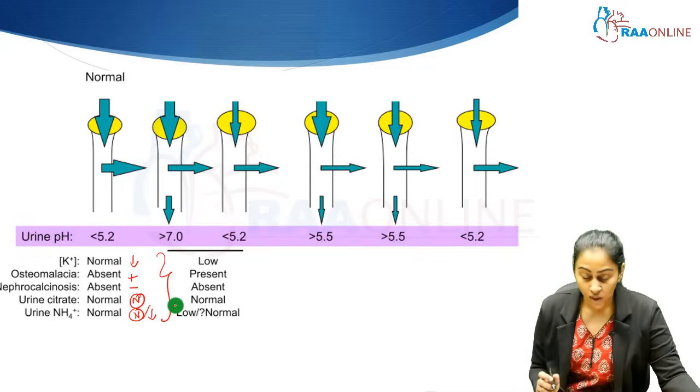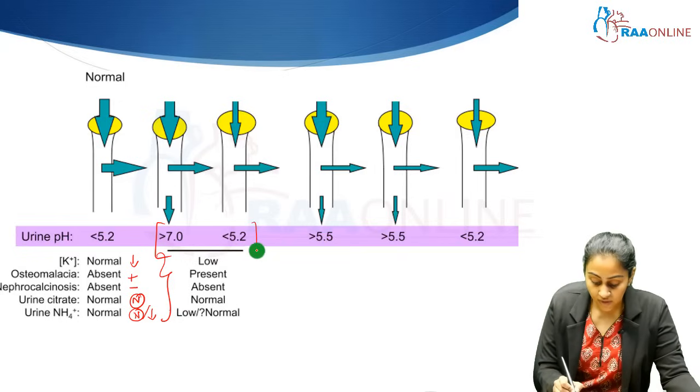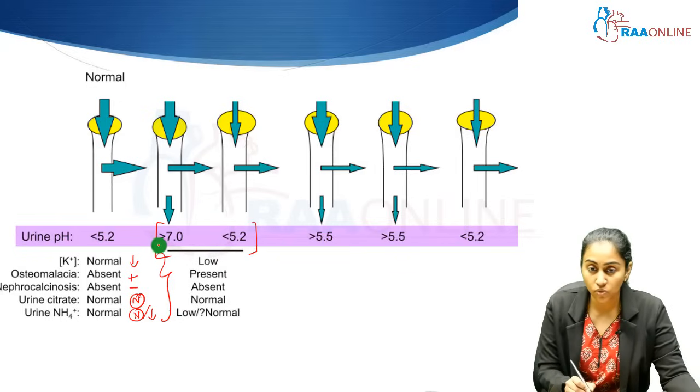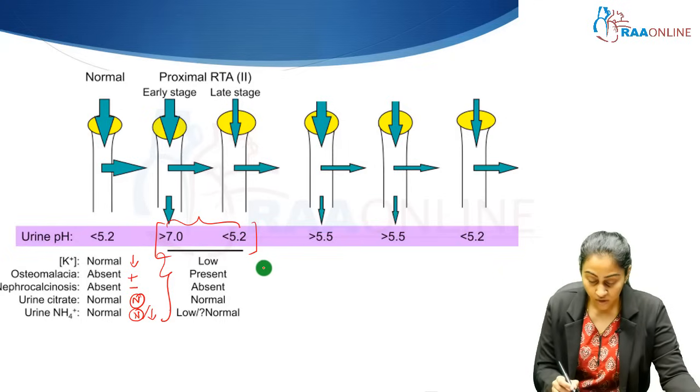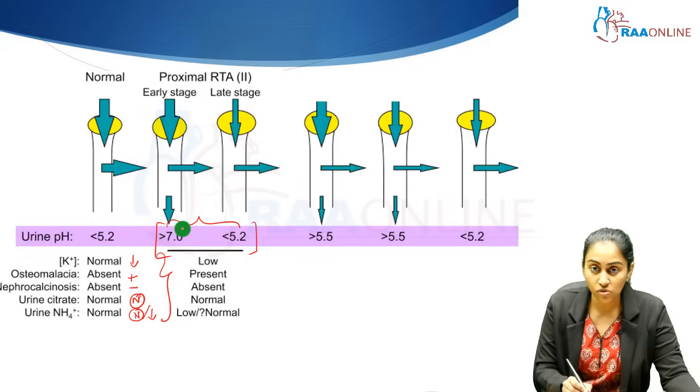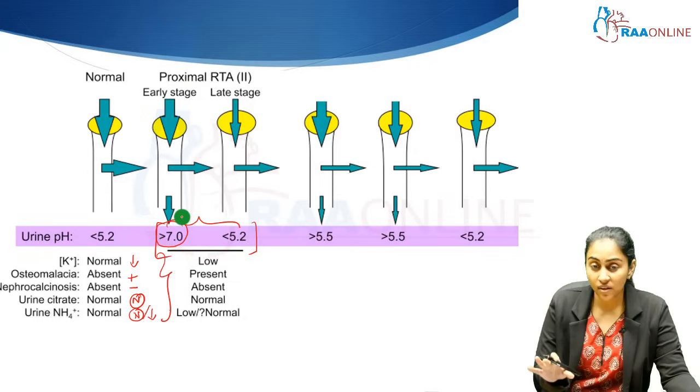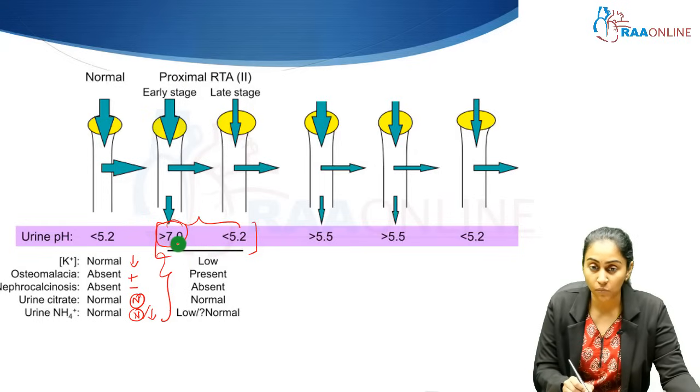And look at the pH. The pH is variable. It can vary from 5.2 to 7. So this broad range of pH is possible only in patients with proximal renal tubular acidosis. Remember, in the early stages of proximal renal tubular acidosis, serum bicarbonate will relatively be preserved, therefore your urine pH will be less acidic, more alkaline.